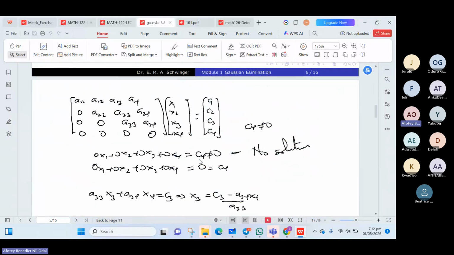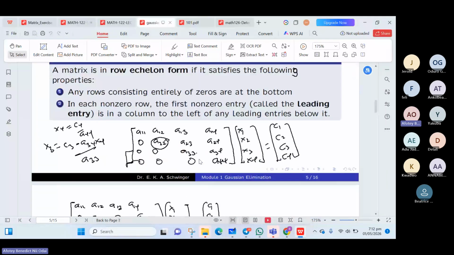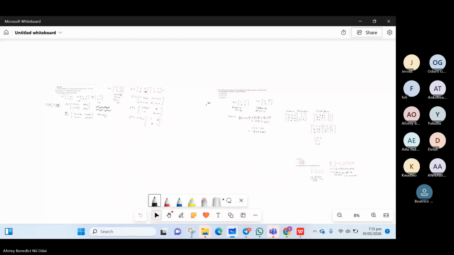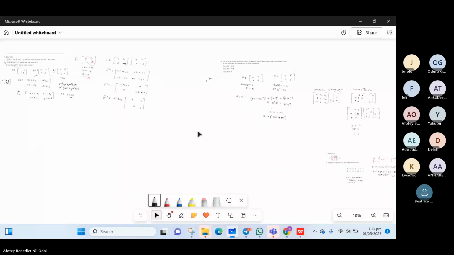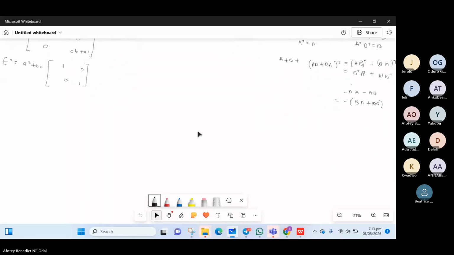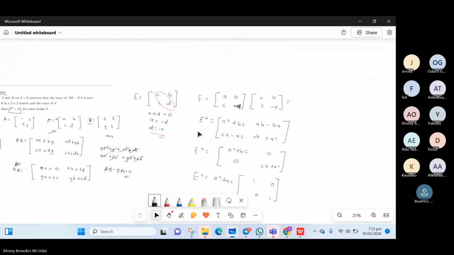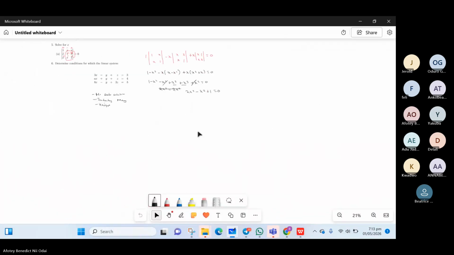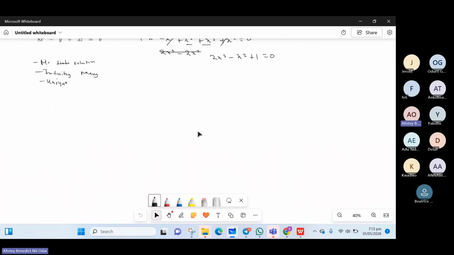I want to see the way I can explain it so that it makes more sense. So let me go to my board and explain it this way. Okay, so let's take this matrix, right?